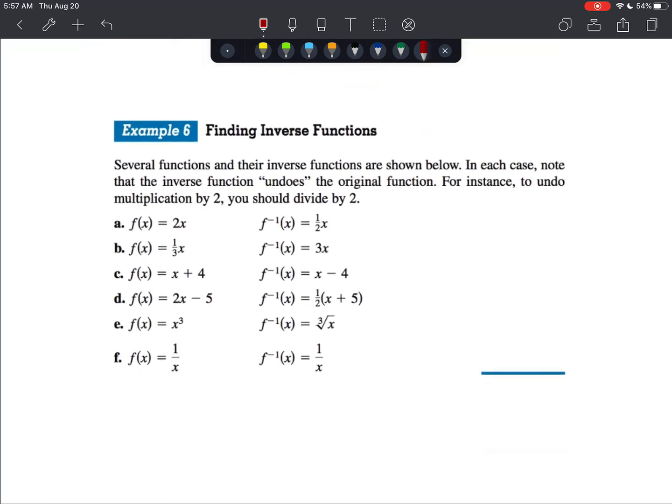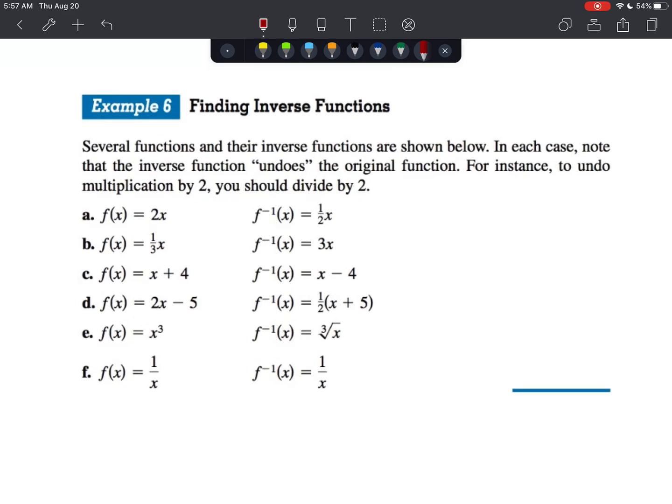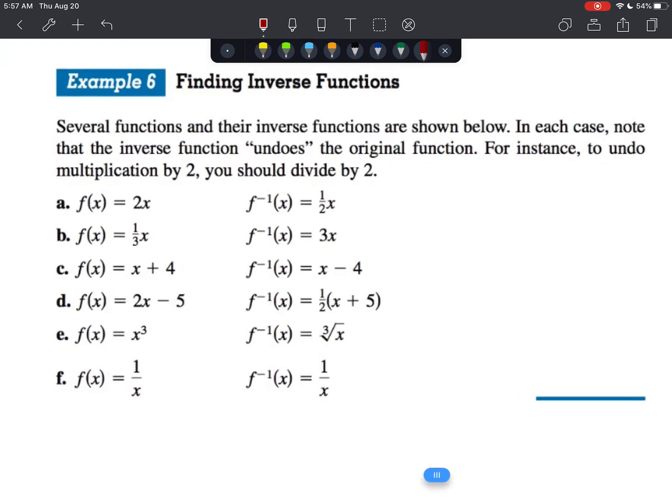And here are a few examples of a function and its inverse.